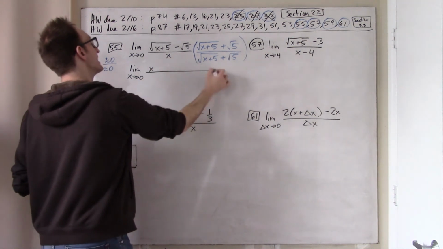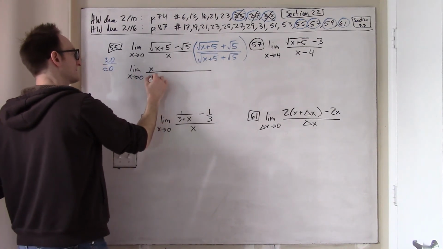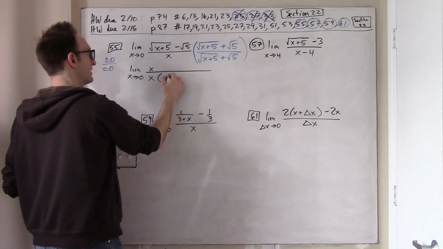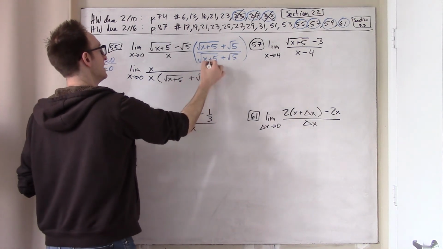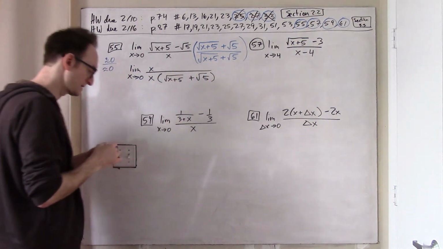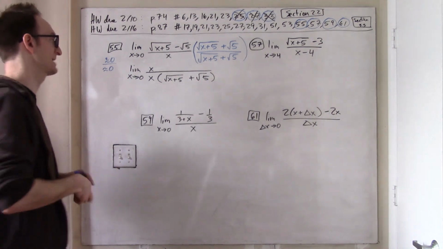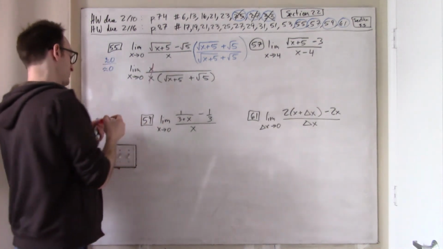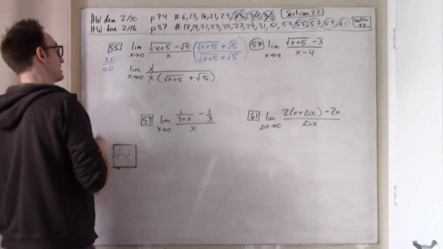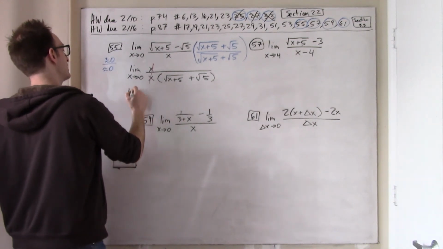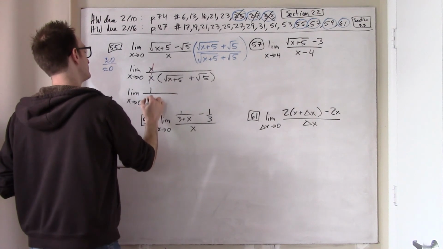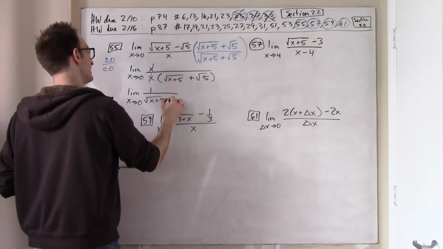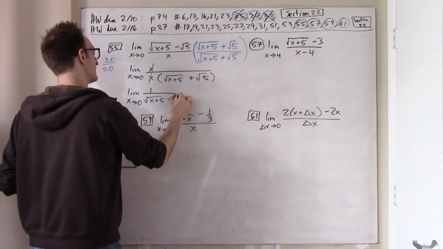And on the bottom, I have x times the conjugate; don't bother distributing it, because the very next thing that's about to happen is that we cancel the x's. And now we have a limit which is no longer indeterminate. It's the limit as x approaches 0 of 1 over root x plus 5 plus root 5.